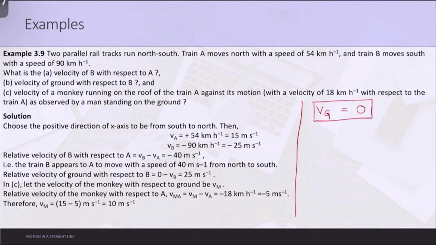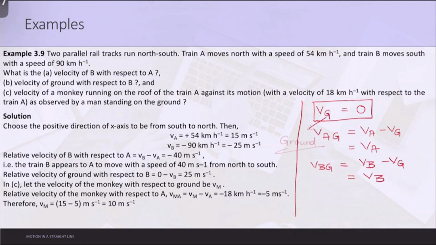If you need to calculate VAG, that is nothing but VA minus VG, which is equal to VA. Similarly, VBG is VB minus VG, which is equal to VB. So that's how you solve questions regarding G.